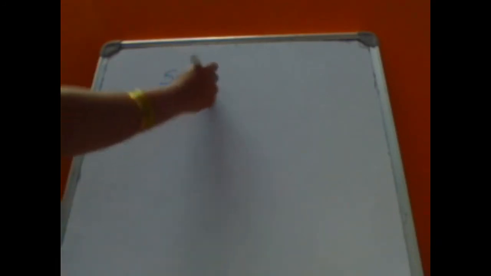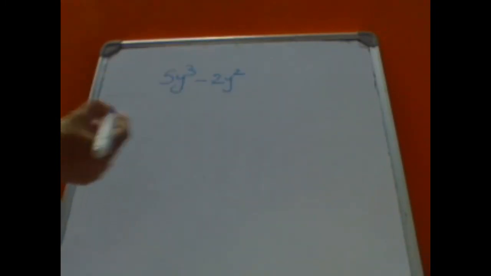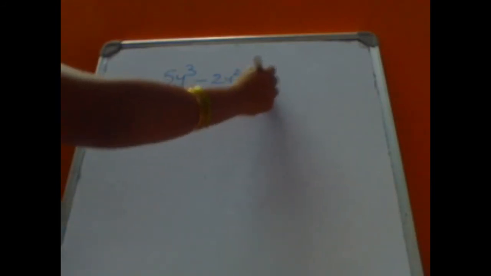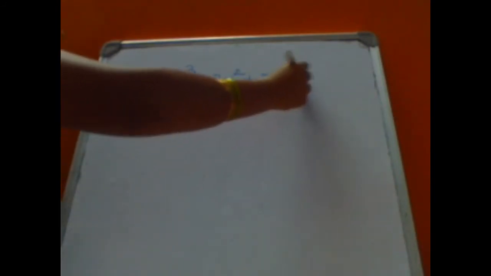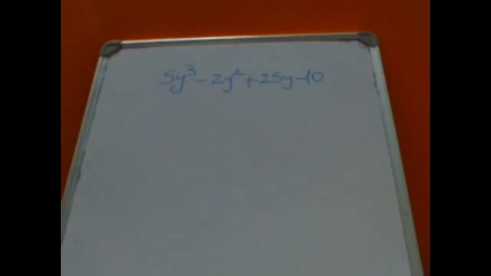Like 5y cube minus 2y square plus 25y minus 10. Now in this example also it is not possible to take the common factor for all the 4 terms.